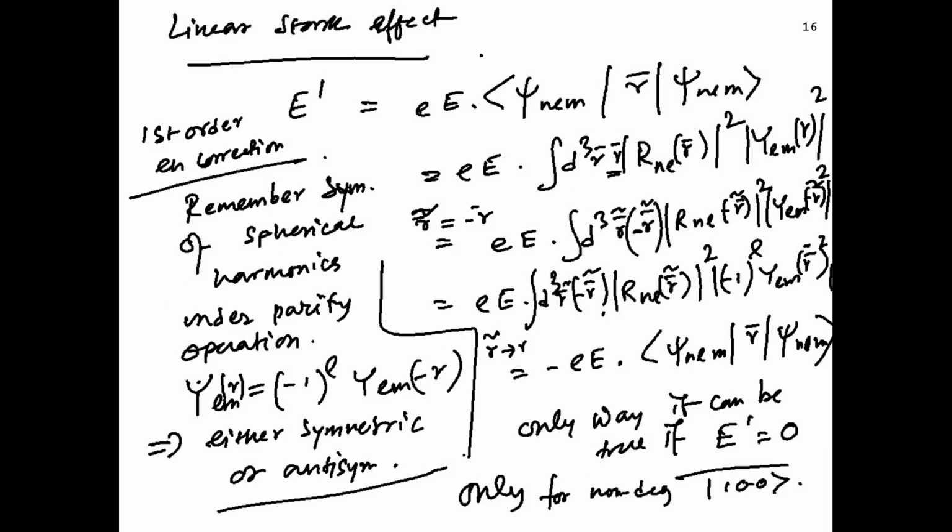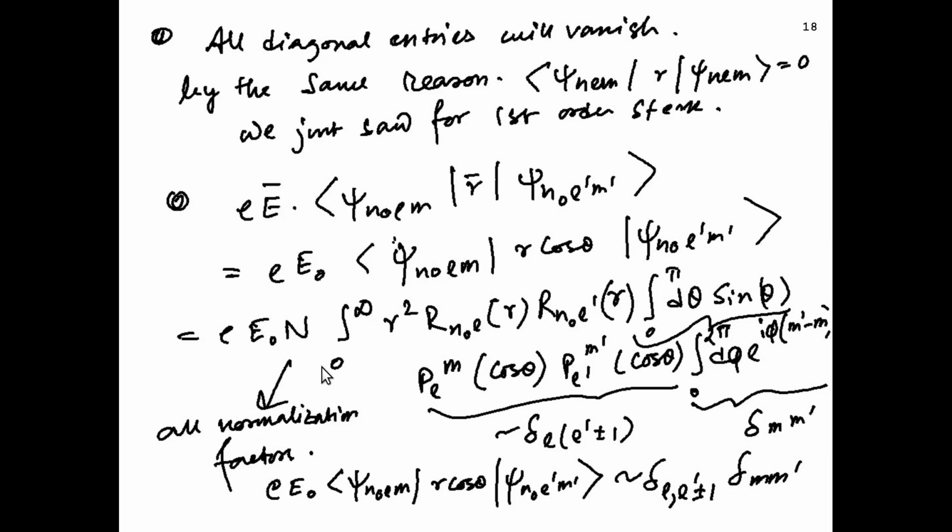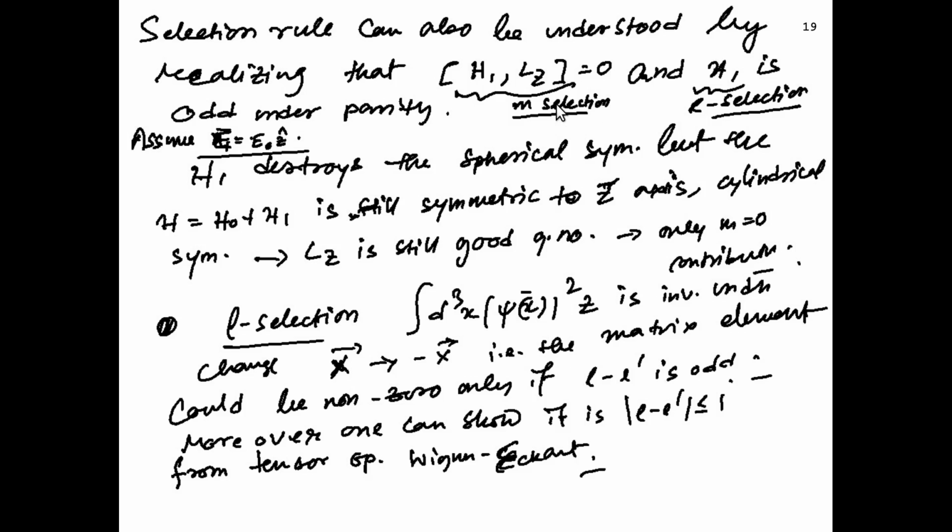Just recall this parity form: the parity which takes r to minus r gives minus 1 to the power L. These two together, without doing the full calculation, let you see where these things are coming from. As I said, the perturbation H1, the Stark effect, destroyed the spherical symmetry, but H0 plus H1 is still symmetric about the Z axis, that is the cylindrical symmetry.